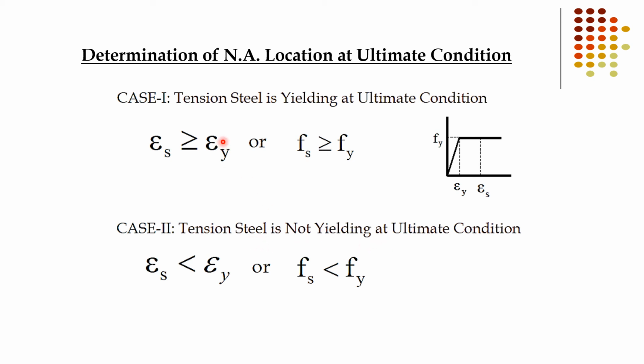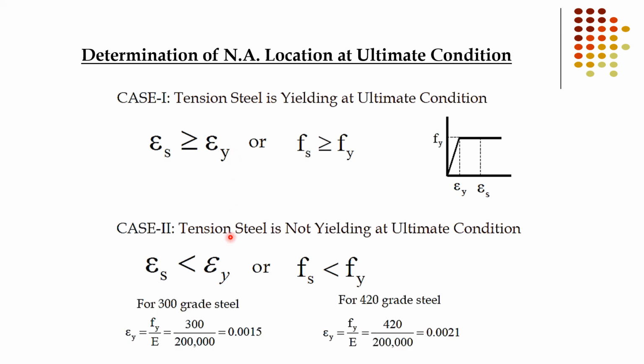Okay, what is the yield strain? Here for 300 grade steel and for 420 grade steel. We already know the modulus of elasticity is stress over strain. Okay, now I have just interchanged strain Y with E. So for grade 300, 300 megapascal divided by 200 into 10 to the power 3 megapascal, the value is 0.0015.